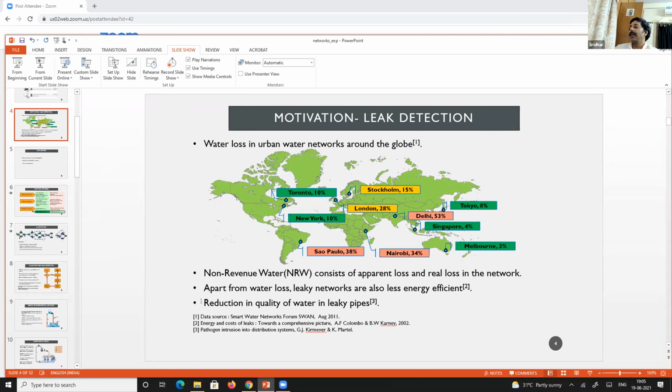Right now we have not looked at quality, but quality deterioration is downstream of leaks. If you can measure quality, it can definitely be used, and any extra information is always useful.